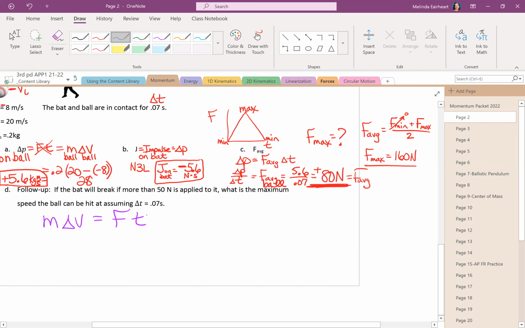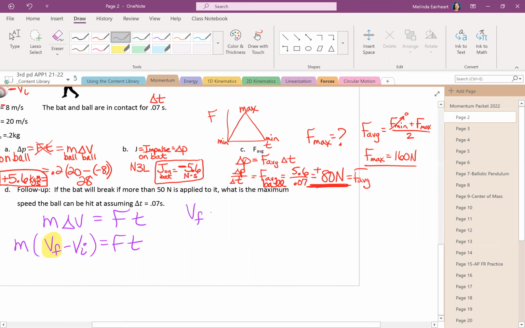And so what are we solving for? Break up our final minus initial. We would be solving for final. They don't tell us anything different, so we can assume the initial velocity from the pitcher would be the same, right?